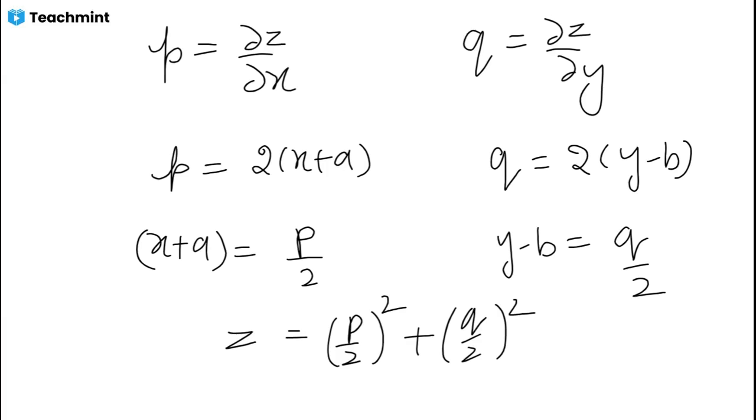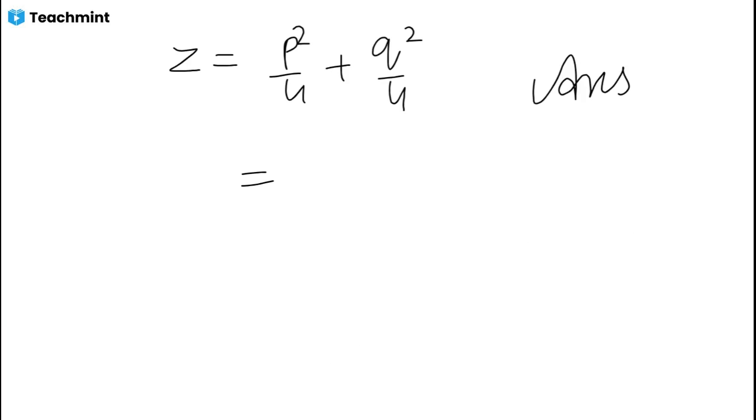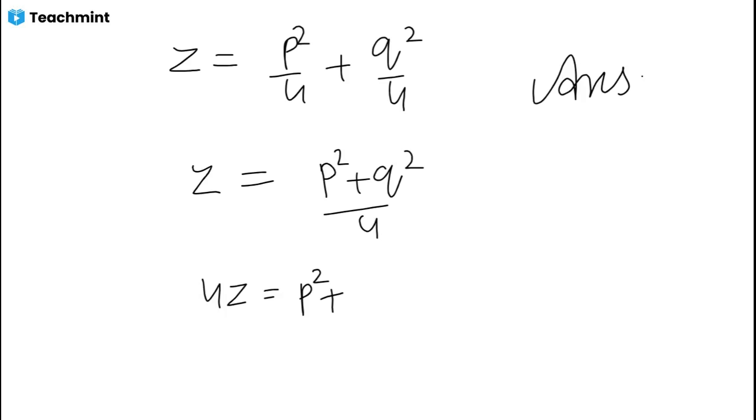Or we can write z is equal to p square by 4 plus q square by 4, or simplify more: z equals p square plus q square by 4, and 4z is equal to p square plus q square.